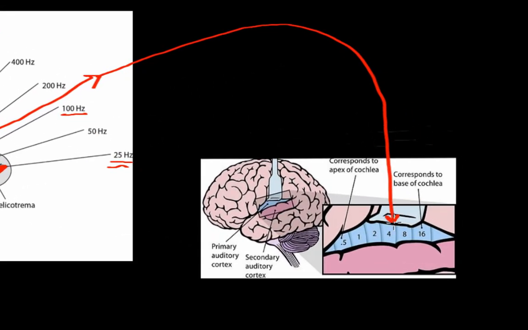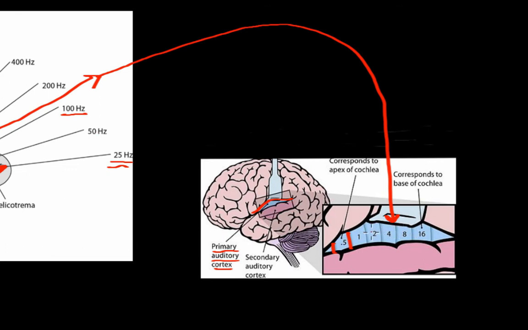It will be mapped to a very particular part of the brain. So this right here is the brain, and if you lift up this little piece of brain, there is something known as the primary auditory cortex. The primary auditory cortex is this blue region over here, and it's basically responsible for receiving all of the information from the cochlea. And you can see that it's actually separated, similar to how the cochlea is separated to various frequencies.